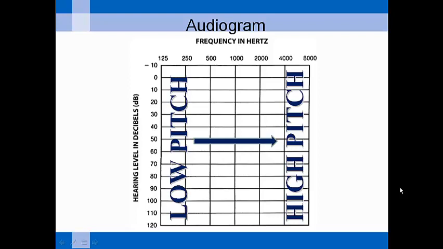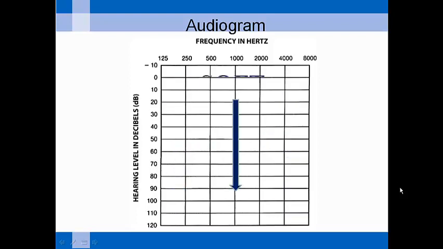So here, this is low pitch to high pitch. The numbers at the top where you see the 125, 250, 500, 1,000 all the way over to 8,000, those are the most common pitches that are tested for the hearing. And so the smaller the number, the lower the pitch or more bass type tones.